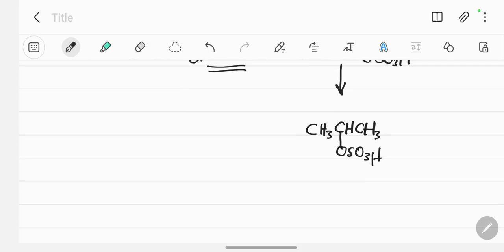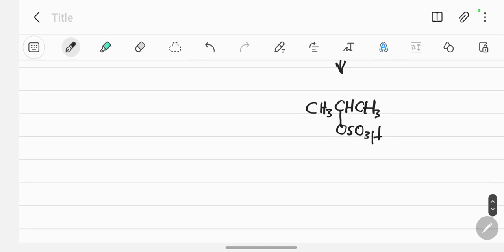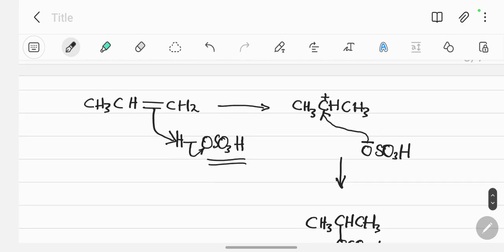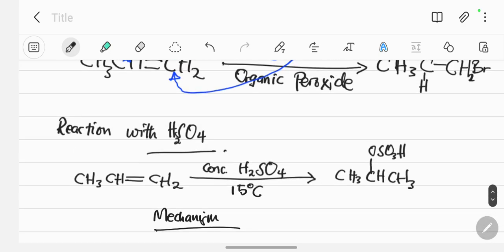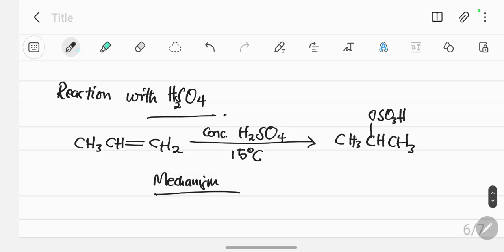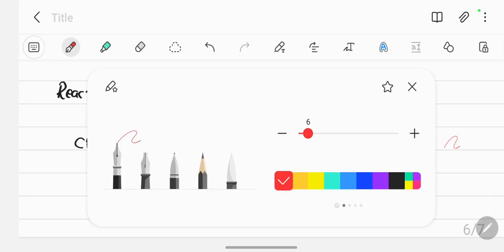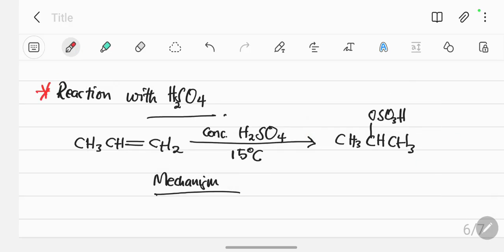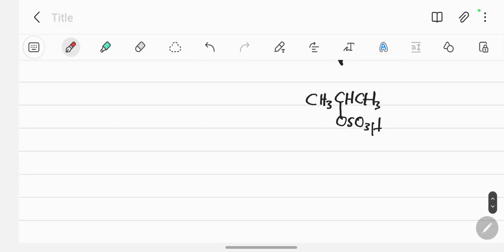Then we have a reaction with water, acidified water. This one was the reaction with the sulfuric acid.